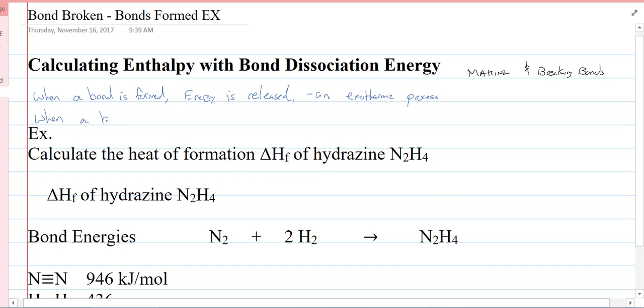When a bond is broken, energy is required. And this is an endothermic process.